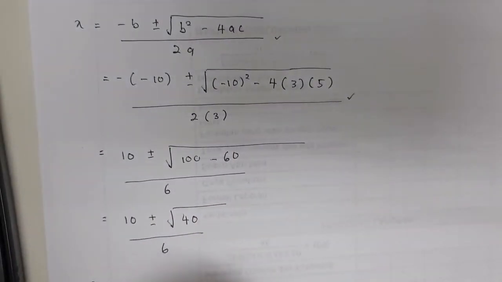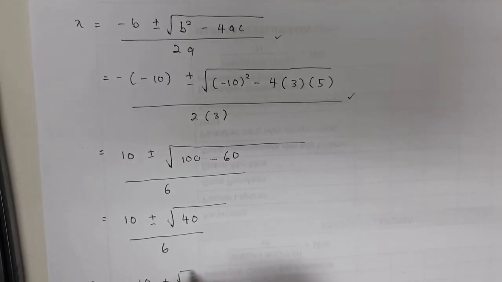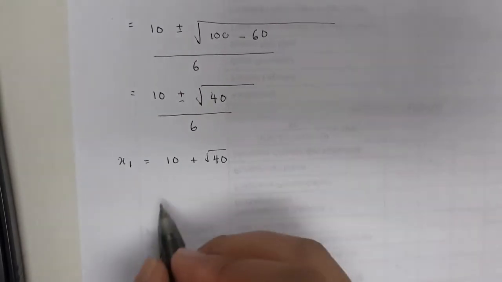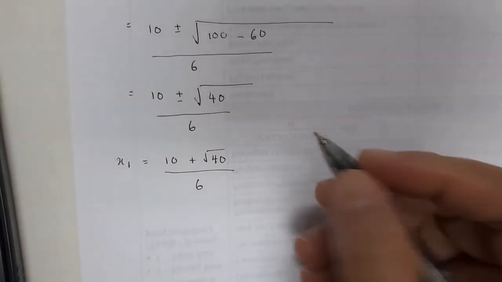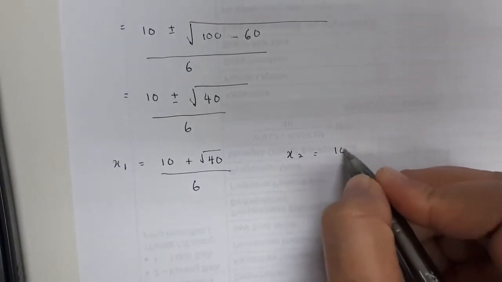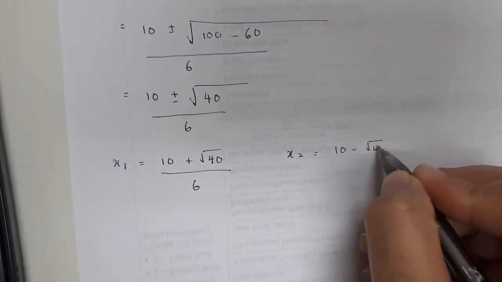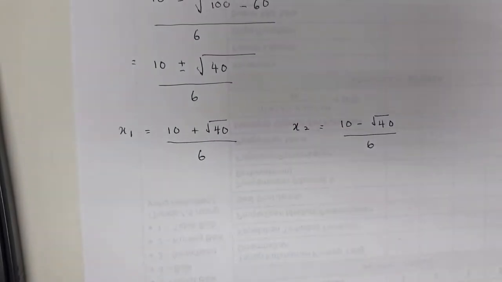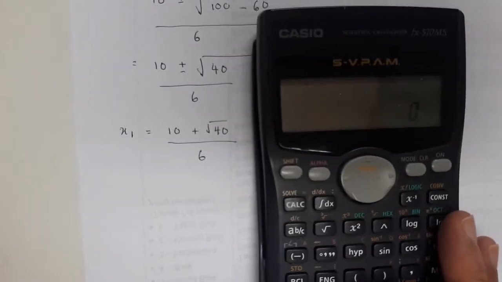So, x1 equal 10 plus square root 40 over 6. And x2 equal 10 minus square root 40 over 6. Okay, let's try to use calculator to find x1.